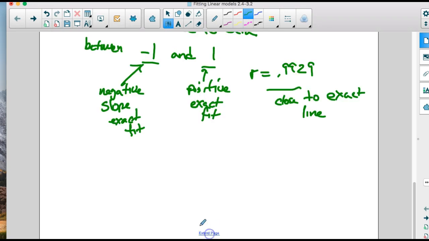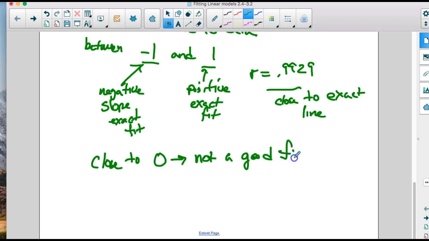As your data spreads out, you get closer and closer to the middle number, which is 0 in this case. So close to 0, not a good fit. We can't make many predictions if we're close to 0. If we had points going up like this, that's going to be close to positive 1.